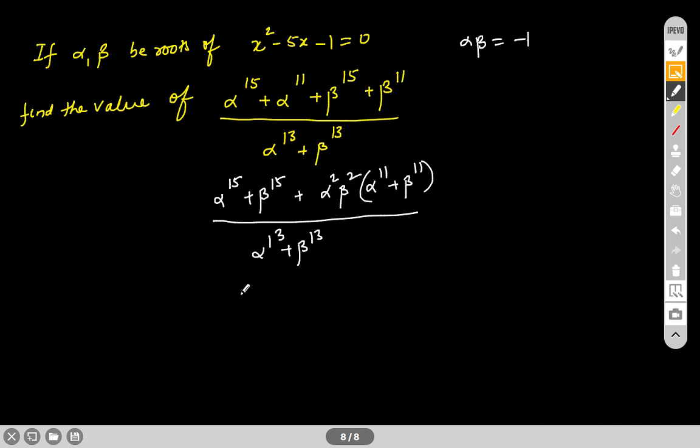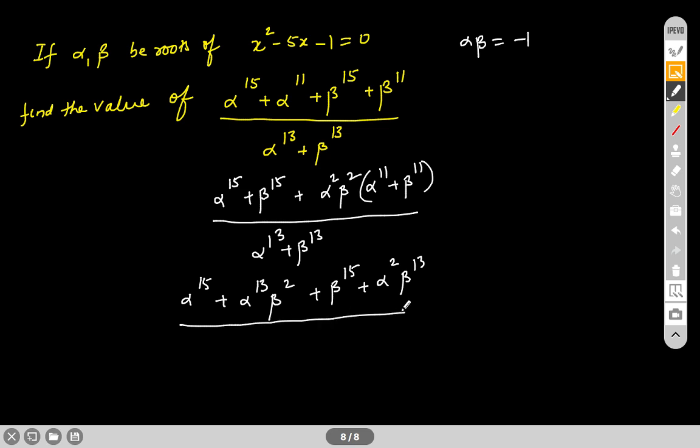Now when you expand it, it becomes alpha 15, then alpha to the power 13 beta square, beta 15, alpha square beta 13, by alpha 13 beta 13.